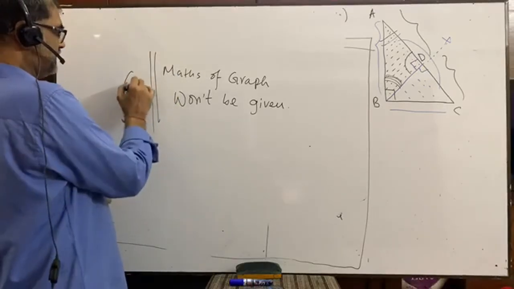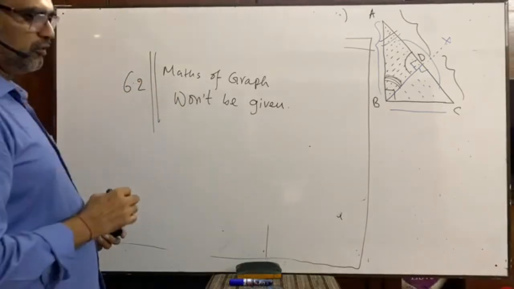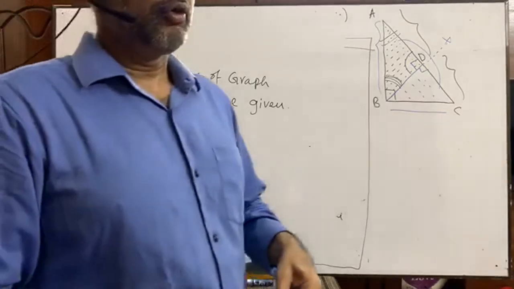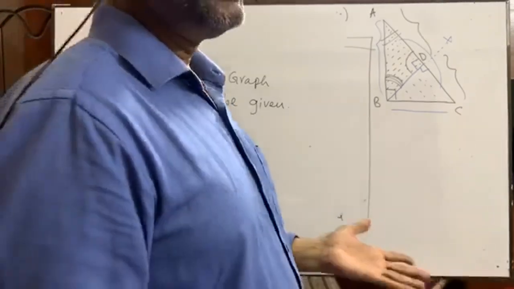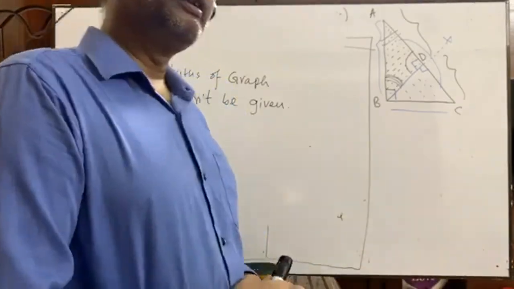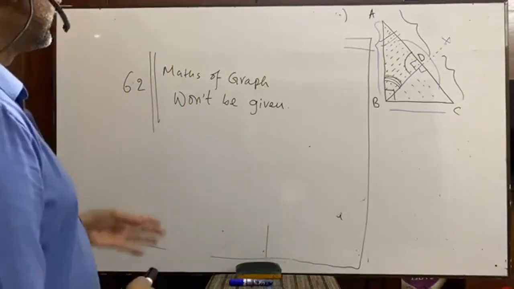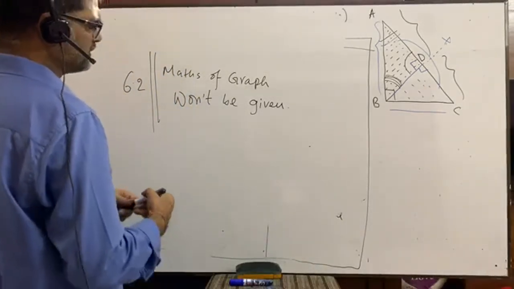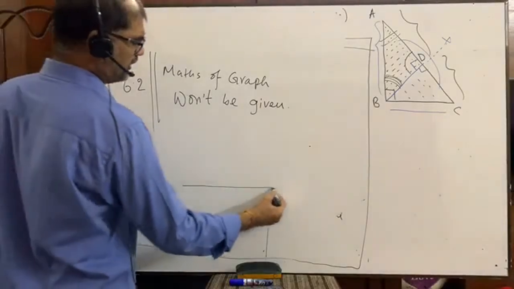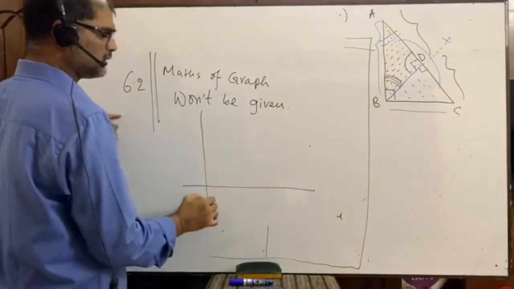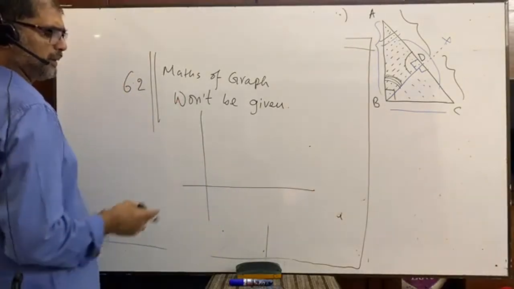It is exercise 6.2. But for drawing only a histogram, it is really very easy for you. Graph paper is not needed. You can draw it on a plain two-dimensional paper copy.